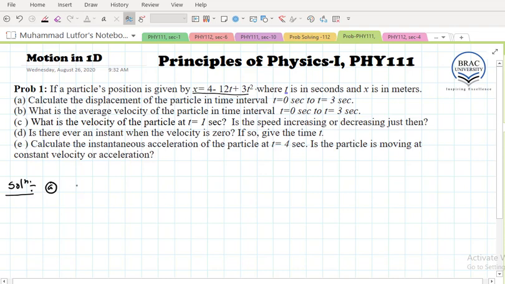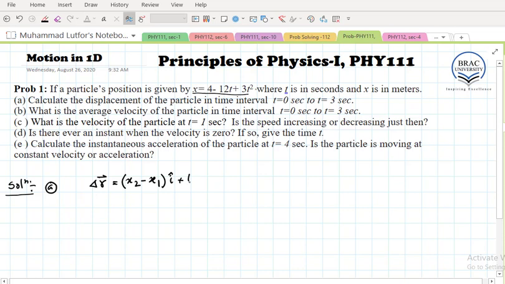Now the displacement for a particle we can express by the equation del r is basically (x2 minus x1) i hat, where subscripts 1 and 2 indicate the position at times t1 and t2. I'm writing a general equation, then I'll modify it.